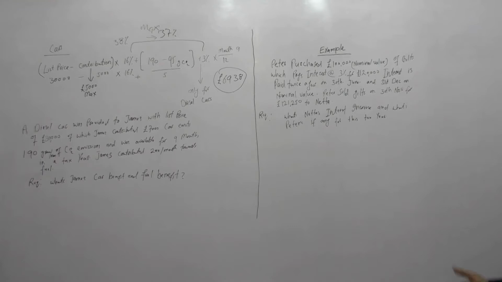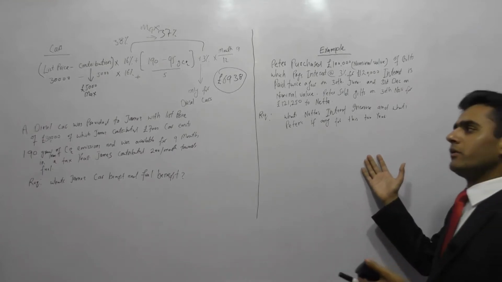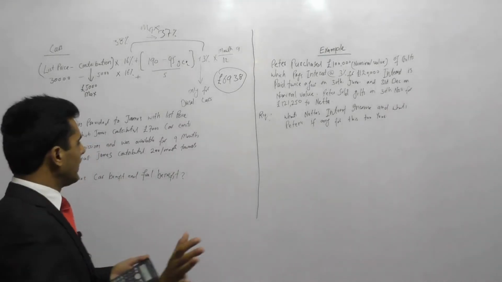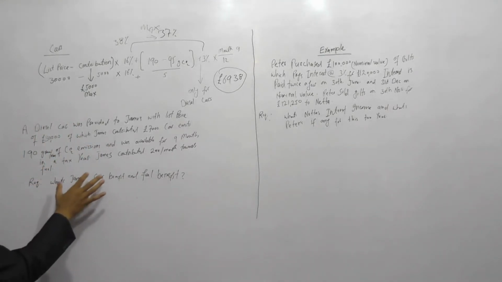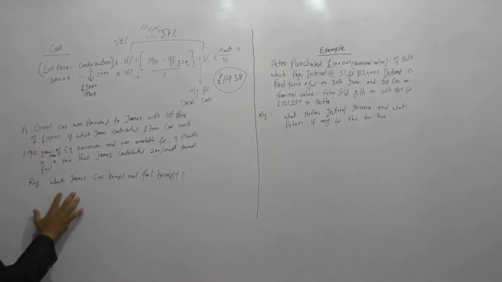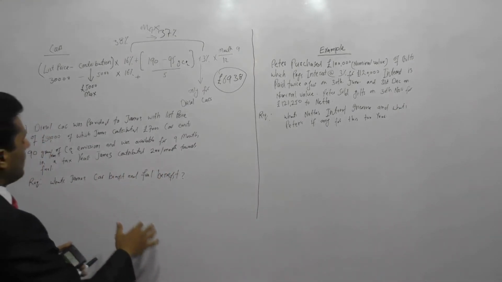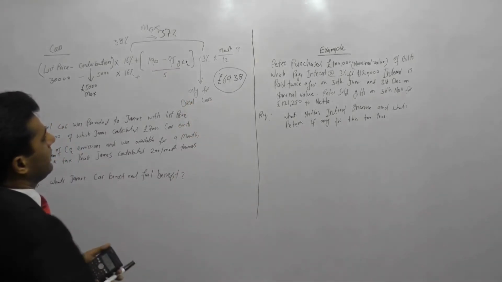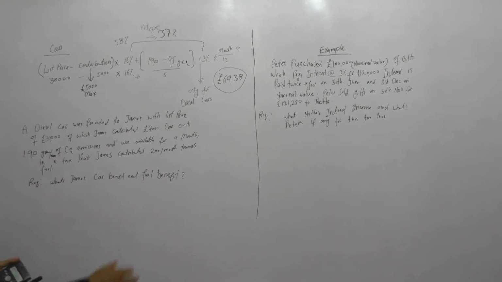Let's move to our other example, which I've given on the right side of the board. Now this is relevant to accrued income. Sorry, before we move forward, please make sure you do this, because in the requirement it says what's the car benefit of JAM, then the fuel benefit as well. So car benefit is 6,938, we know that, but we need to calculate the fuel benefit.